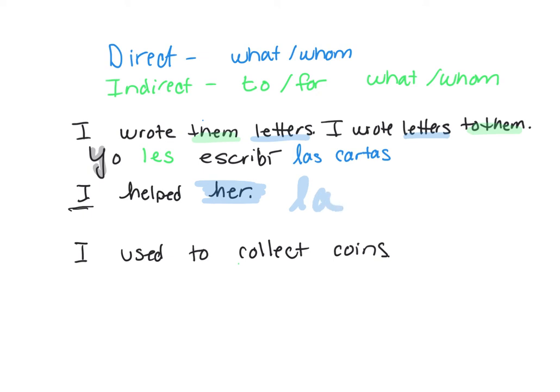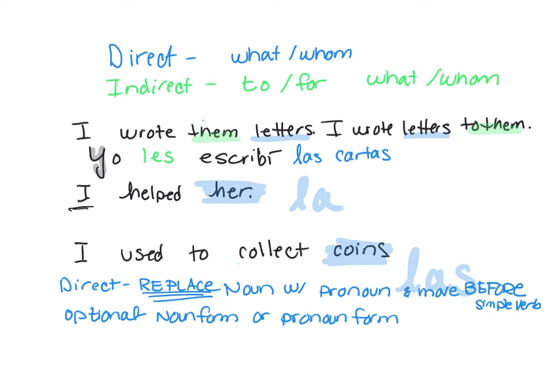And then on this one, I used to collect coins. So collect is my action. So I'll say collect what to get the direct object. So again, we have another example of a direct object. So coins is our direct object. So if we were going to replace it, las monedas, we would replace with las.